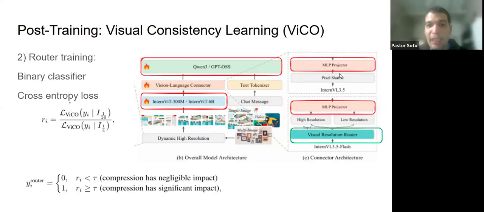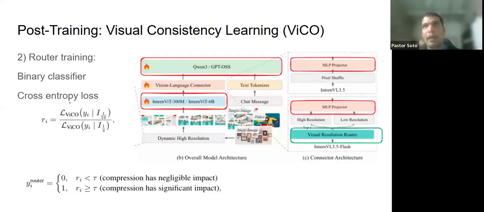Great question. They actually have two versions of this: the InternVL 3.5 and the InternVL 3.5 Flash. The whole idea of the Flash is using the compression through this vision resolution router.